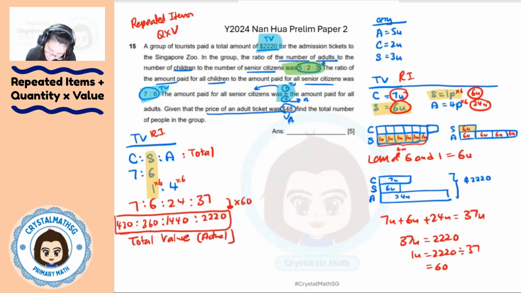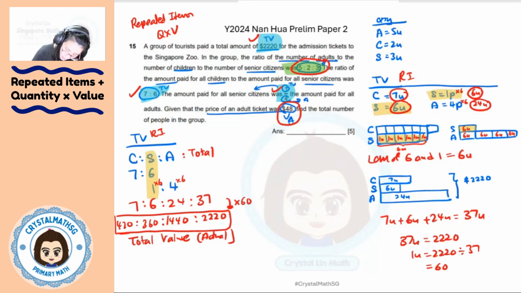Okay, then we are done with the repeated item. After we are done with the repeated item, it means I already used this portion. Now I also used this already. Now I'm left with this 48 and this quantity. And this 48 refers to only the adult.